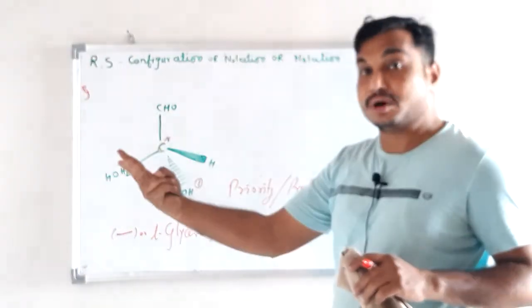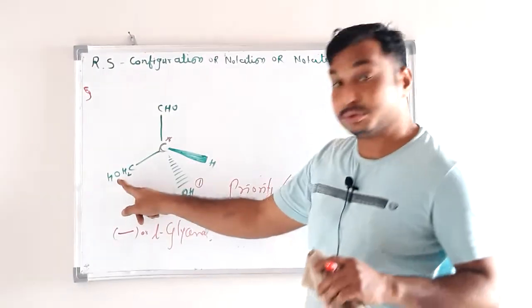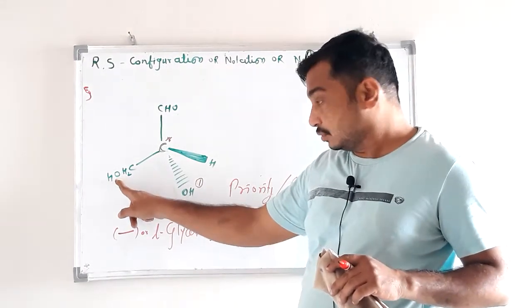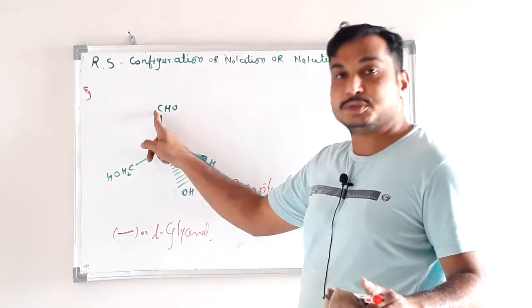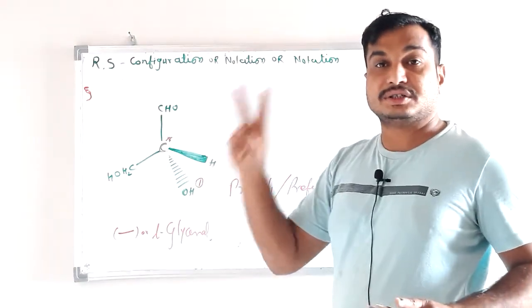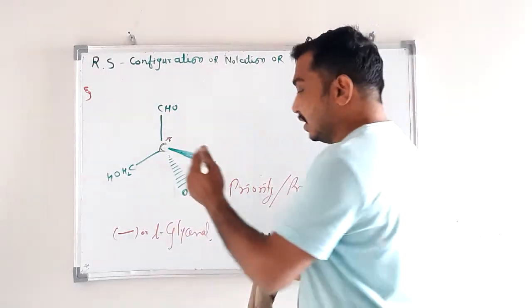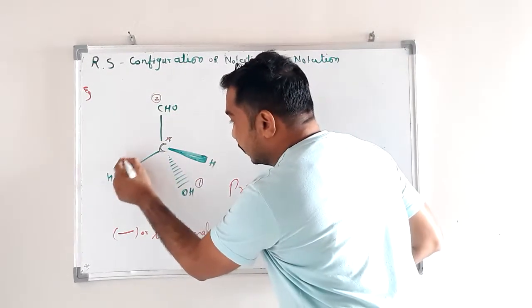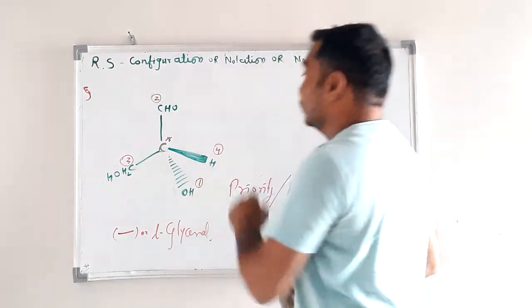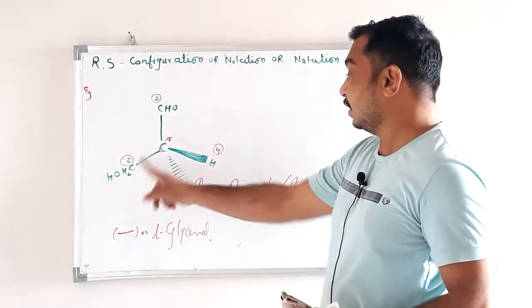A double bond means 2 oxygen atoms, while the carbon attached to oxygen by a single bond means a single oxygen atom. So this carbon is bigger, being equivalent to 2 oxygen atoms. So here second number, here third number and here fourth number. 1, 2, 3 and 4.